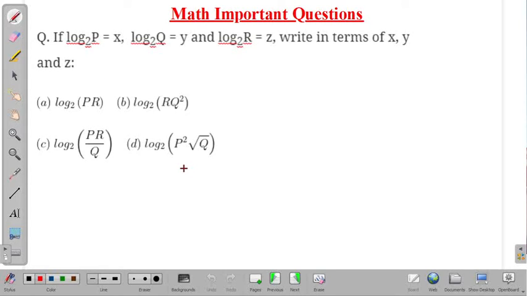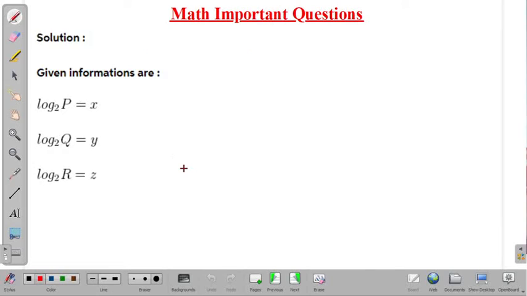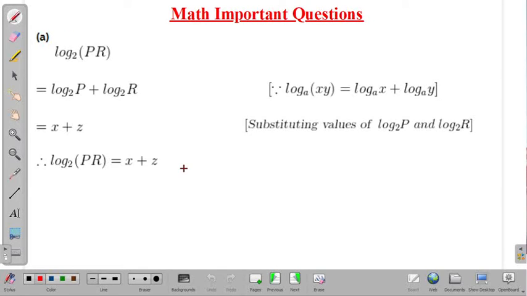So first one you can see log of PR. So what is given here? Log of P equal to X, log of Q equal to Y, and log of R equal to Z. And we have to find the value of log of PR. We know that log of XY is equal to log X plus log Y. Obviously base will be same in all this, like 2.